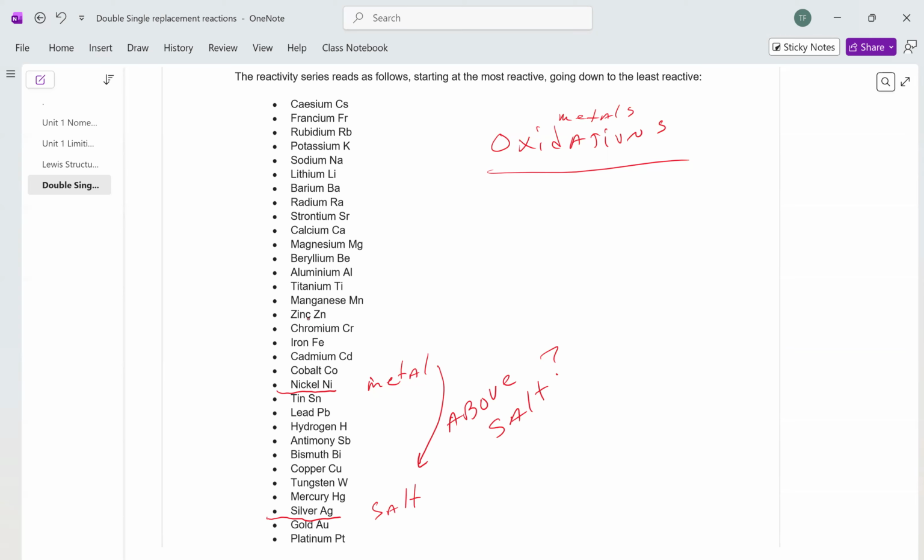Going from most want to oxidize. Okay, so if the metal is above the other one, that means it wants to oxidize more than the one below it. So in the first example, the nickel is above the silver in the salt. That means that nickel wants to oxidize more than the silver does. That's why it happens.